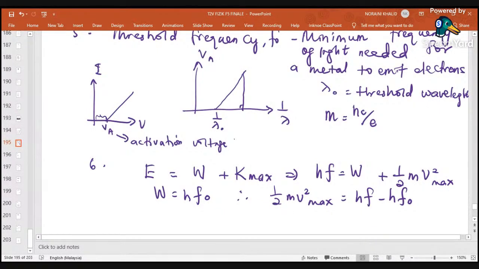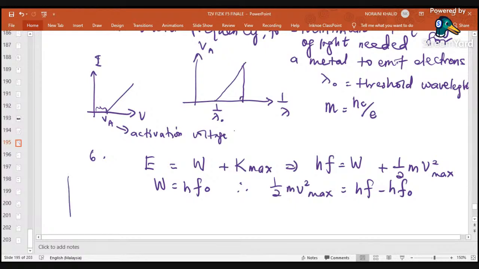So we have a graph, K max against frequency. This is the threshold frequency. To determine the threshold frequency, f naught, from this graph, it is the x-intercept.